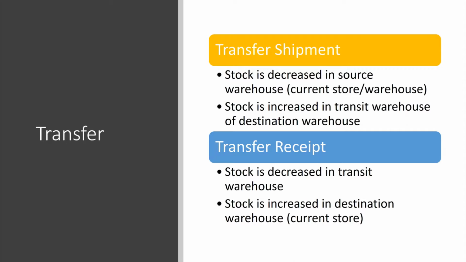When you do the transfer shipment, iVend will pick up the intrinsic warehouse of the destination warehouse, that means the from warehouse. Then the second step, they do the transfer receipt. When they do the transfer receipt, it will get the product from the intrinsic warehouse into the current store. So there are two main steps in the process.